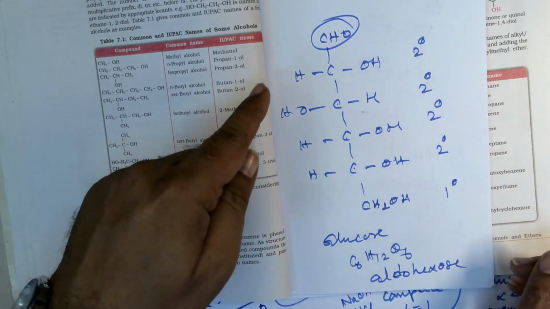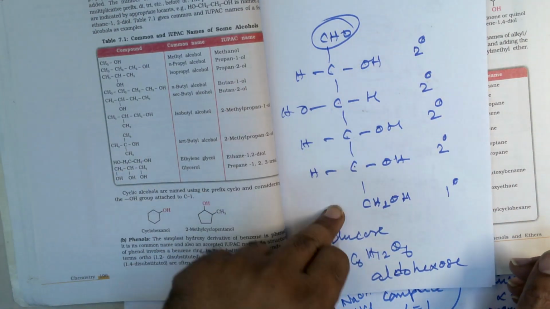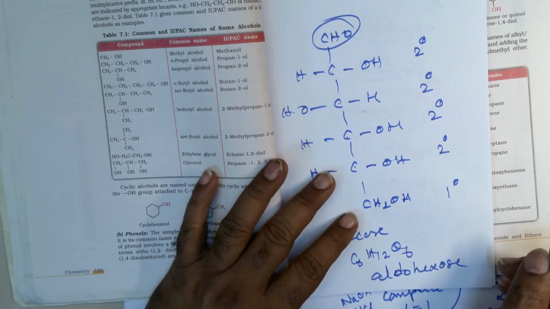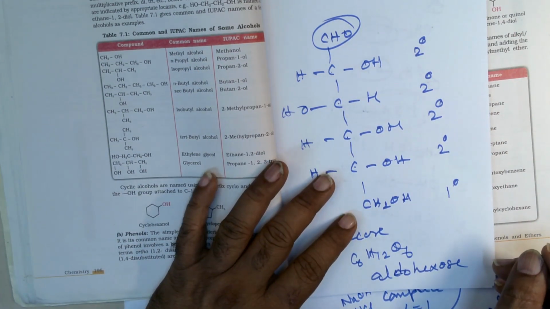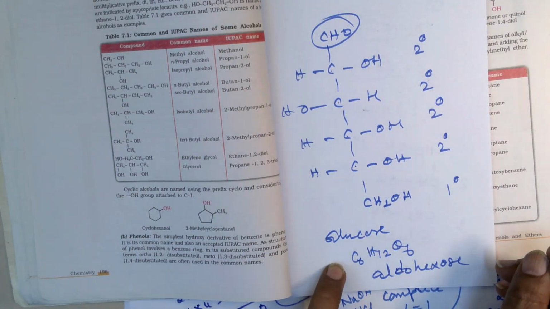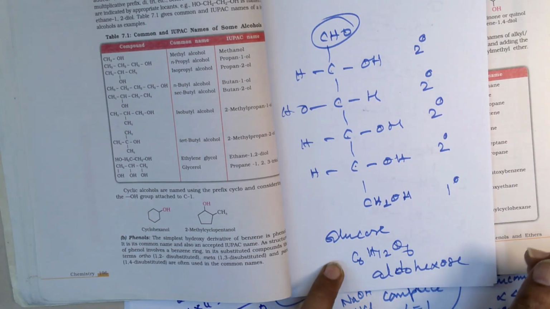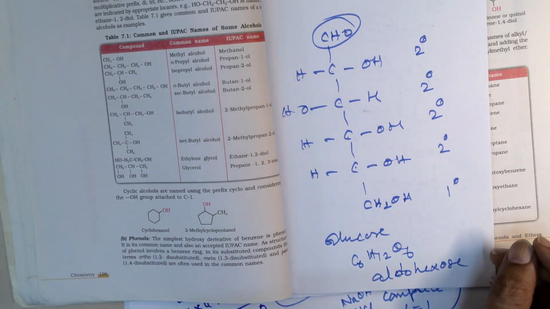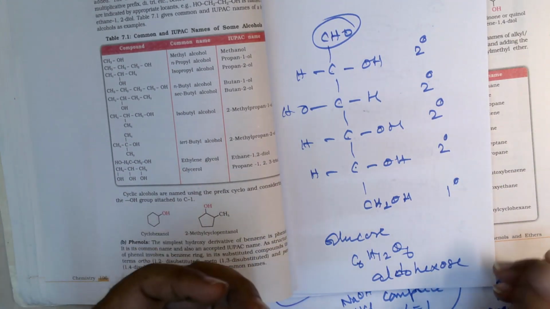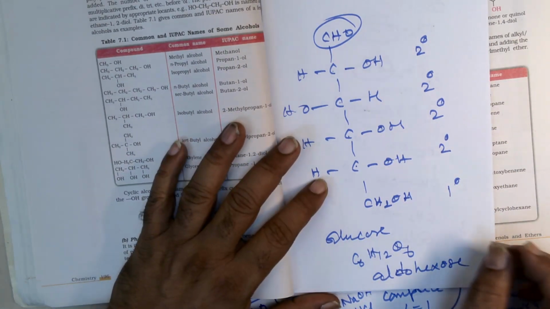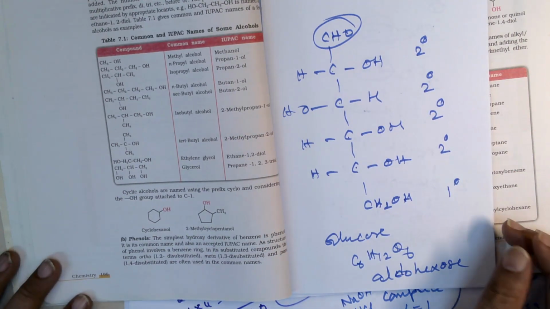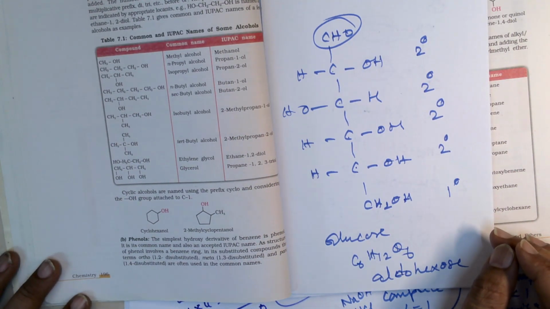So you can expect that when this glucose is subjected to some chemical reaction like oxidation, it will answer for secondary alcohol as well as the primary alcohol. So based on the product, you can easily elucidate the structure of glucose. That is one of the very important studies in biomolecules. We call it the structural elucidation.